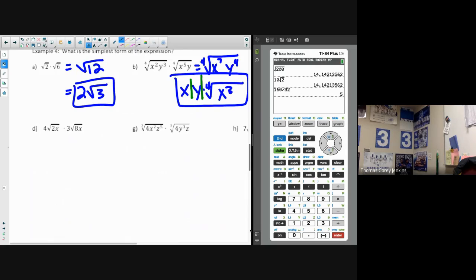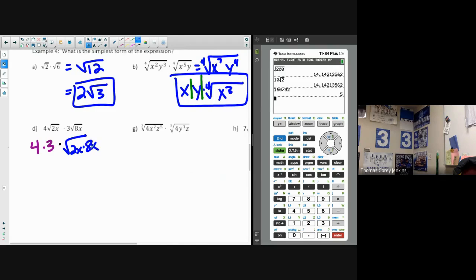All right, so again, you want to treat this stuff like terms. So the stuff outside the radical, we multiply together. So the 4 times 3, treat that like a coefficient. And then we have the square root of 2x times the square root of 8x. So that would be multiplied by the square root of 2x times 8x.